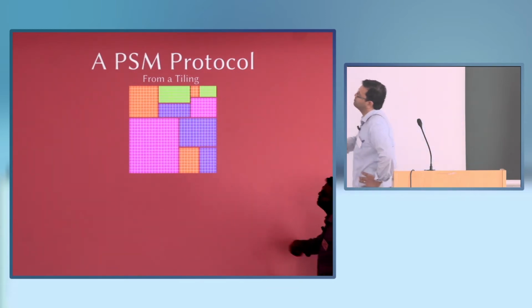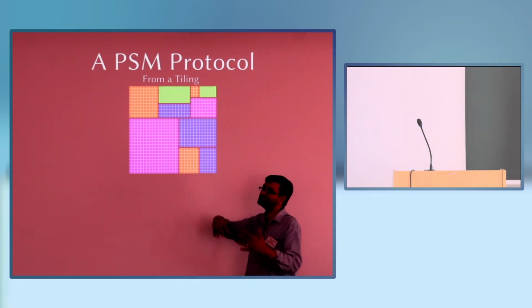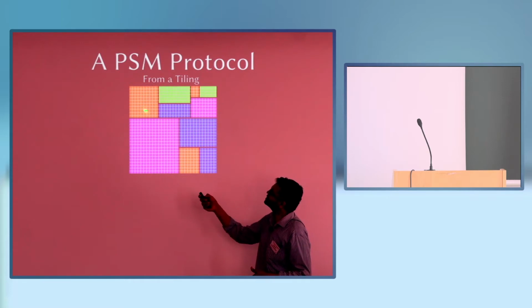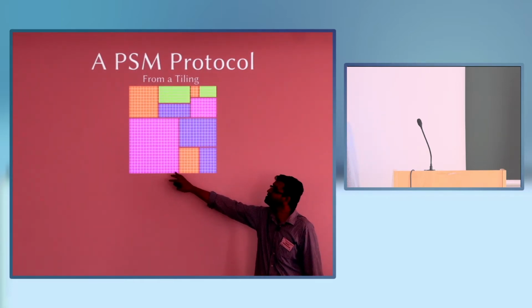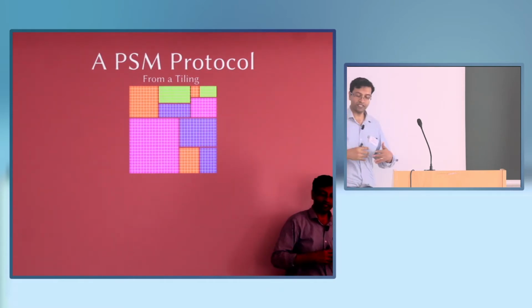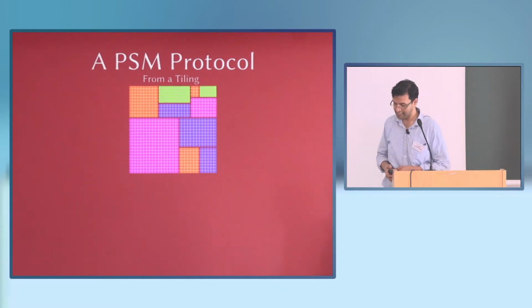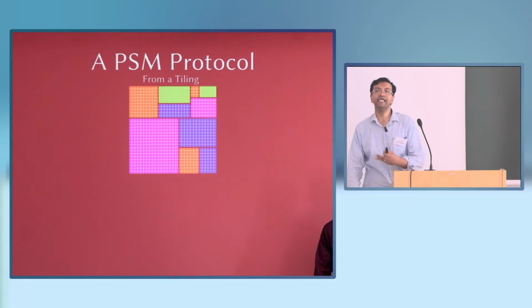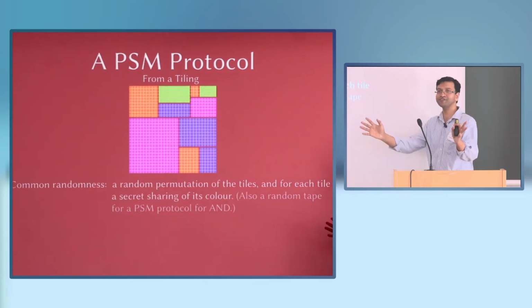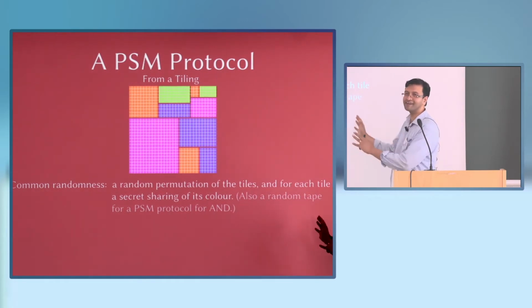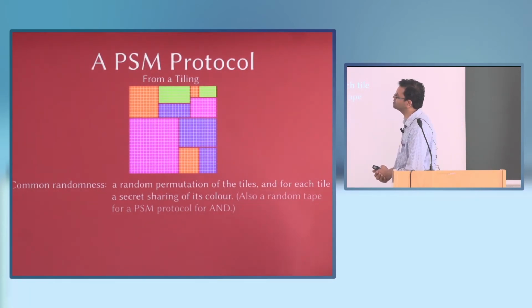There are better tilings, worse tilings. The only requirement is that each tile is a rectangle, and it's monochromatic, so f of xy is the same value in the entire tile. From this tiling, I will give you a PSM protocol. Maybe it's folklore or people already know, but it seemed new to us.